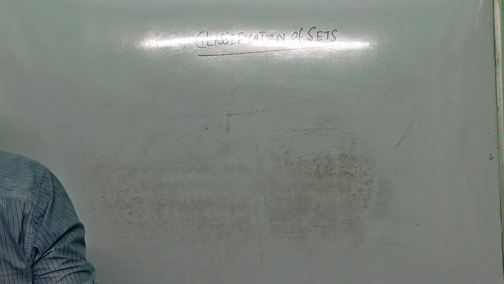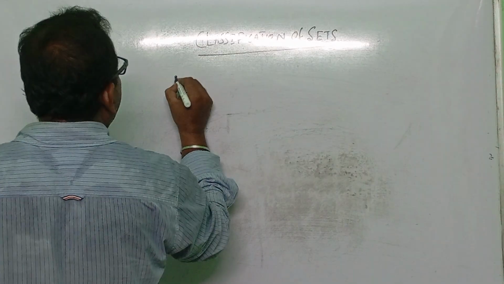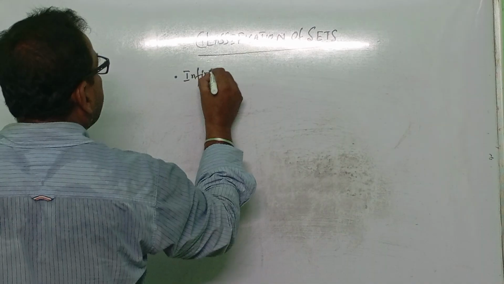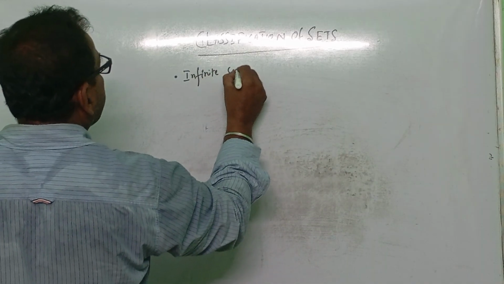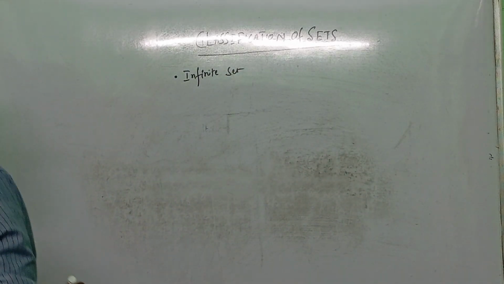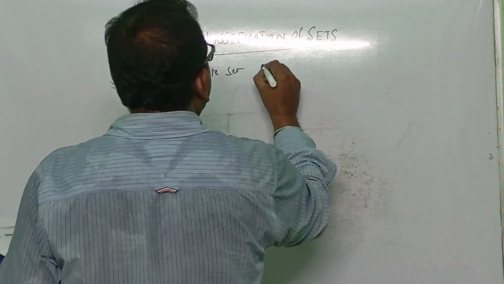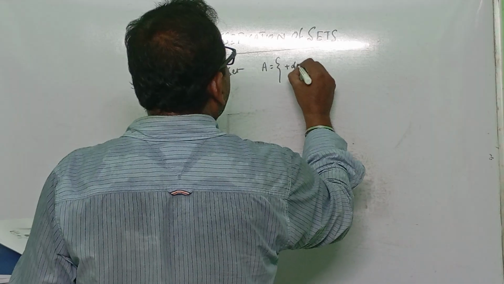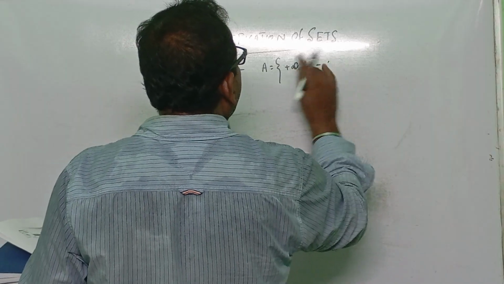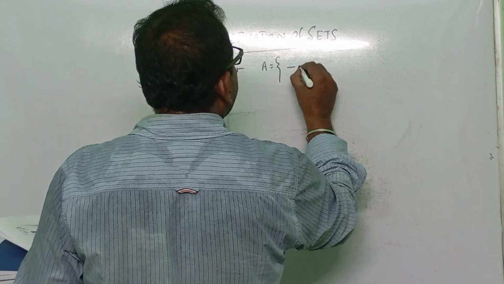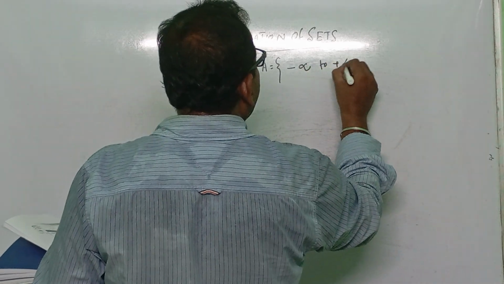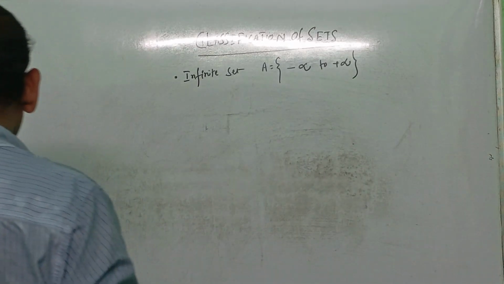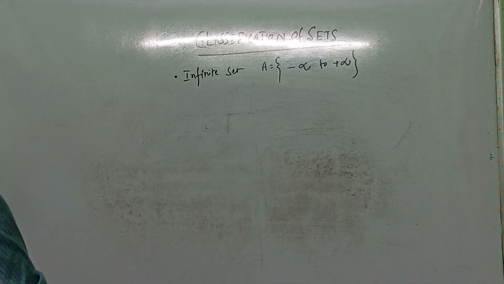What are the classifications? Number 1, infinite. An infinite set means a set from minus infinity to plus infinity, with all the elements. This is the infinite set.